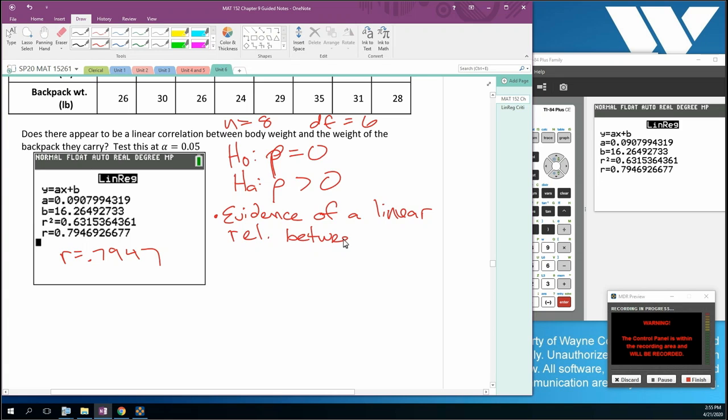Now, just because there is a relationship doesn't necessarily mean the heaviest person is going to have the heaviest backpack.